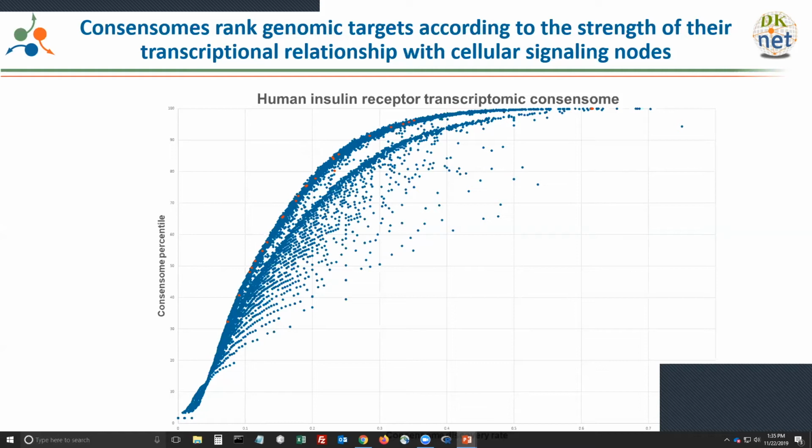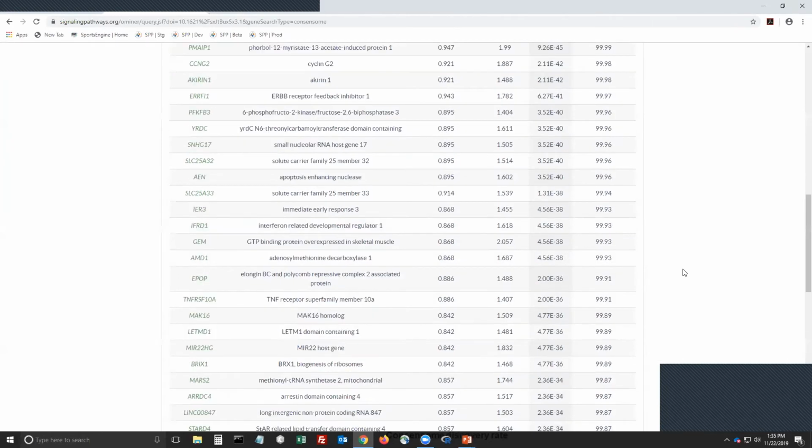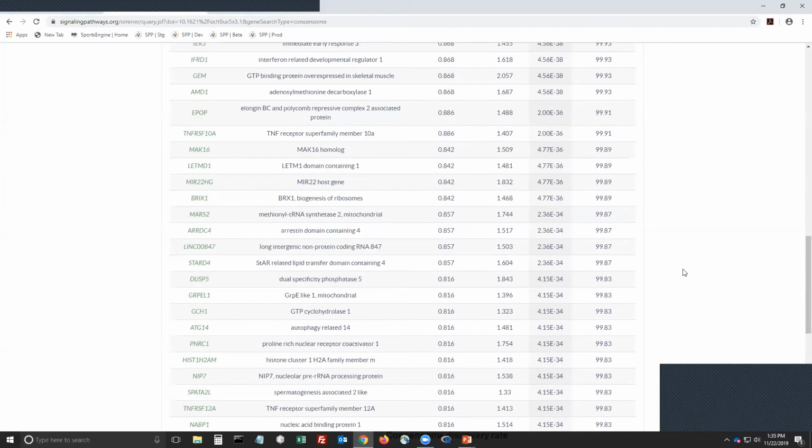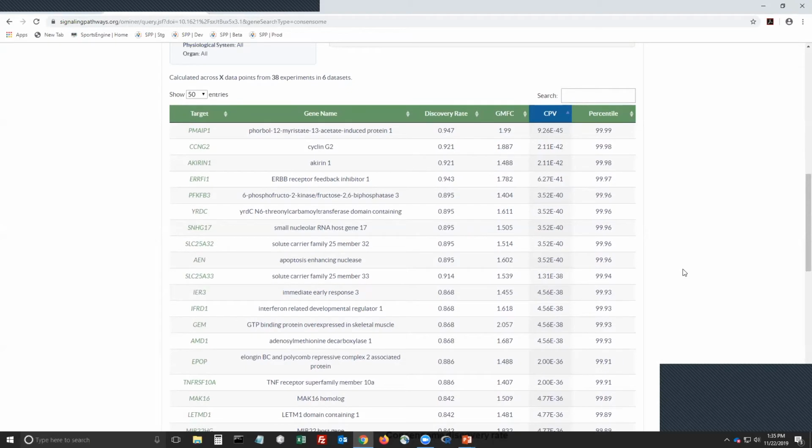What we've actually found, having looked now at consensomes from many different nodes, and again using the human insulin receptor here as an example, is that among the most highly ranked genes, in addition to those that are known targets of the insulin receptor, we also see many genes that have no evidence of being involved in insulin receptor signaling. And so information like this can help researchers hypothesize novel mechanisms of action and signaling systems that have not been explored in the research literature.